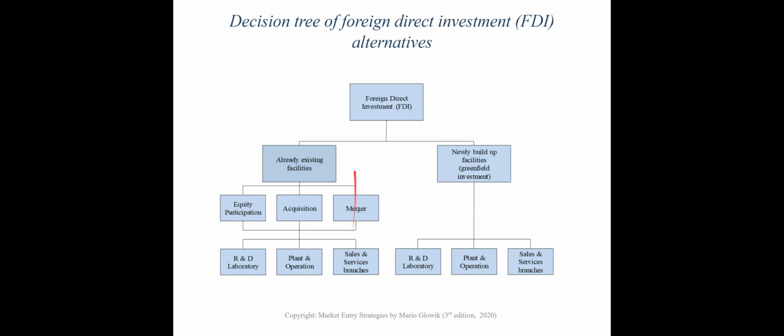So to sum up, as I titled this illustration, decision tree of foreign direct investment alternatives, we have the foreign direct investment, and then we distinguish whether these facilities abroad in terms of firms, plants, laboratories are already existing or not.